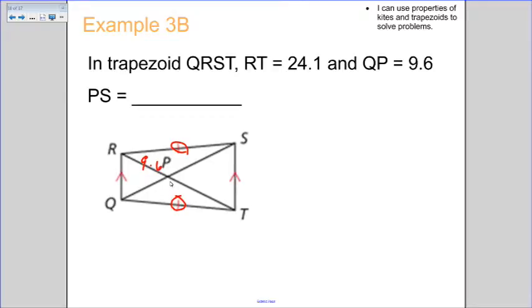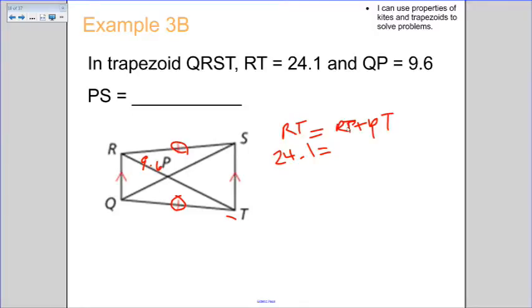So to find the length of PS, I just have to find the length of PT here, and it will be the same. Okay? So RT equals RP plus PT. Okay, so 24.1 equals RT, RT equals RP plus PT.